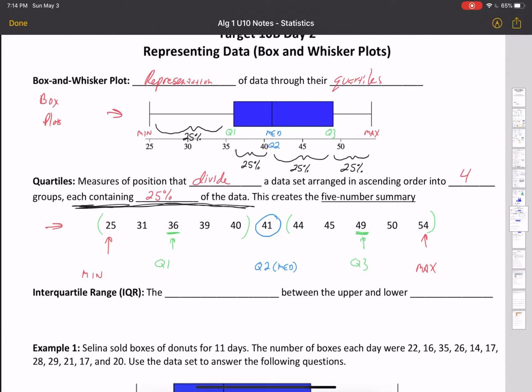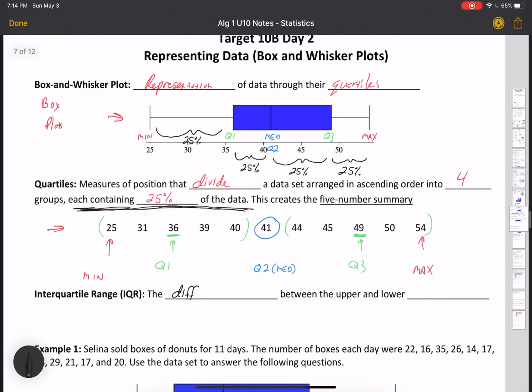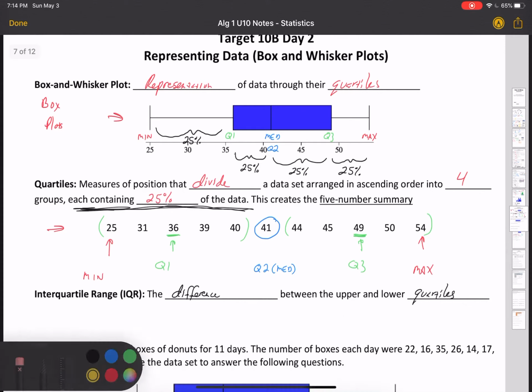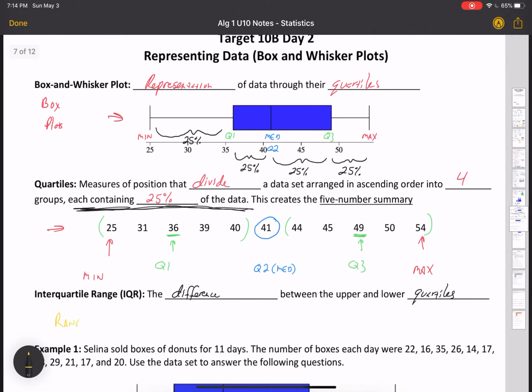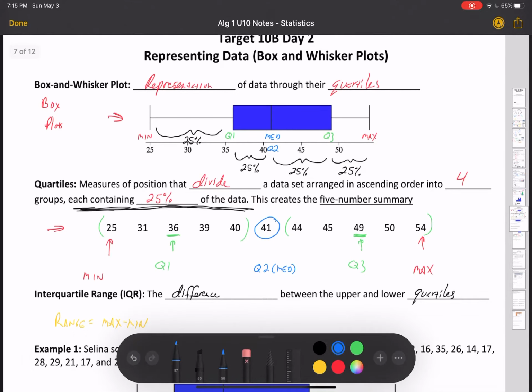So the interquartile range, also known as IQR, is the difference between the upper and lower quartiles. So you might remember range. That is max minus min, highest point minus lowest point.